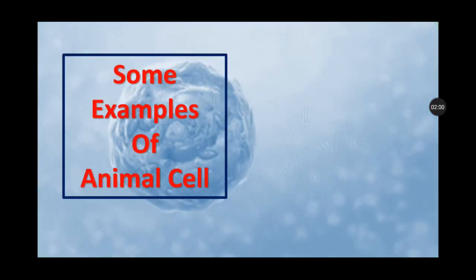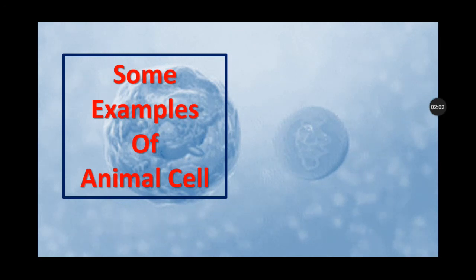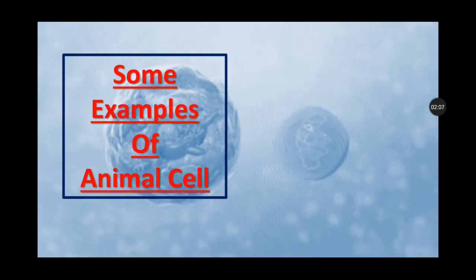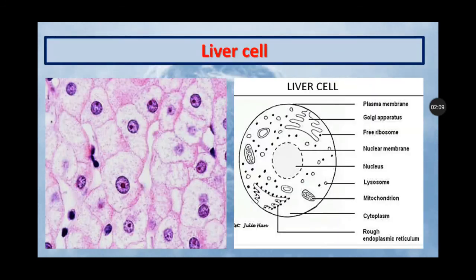Okay, so some examples of animal cells. First of all, the liver cell. This is the first example of an animal cell.